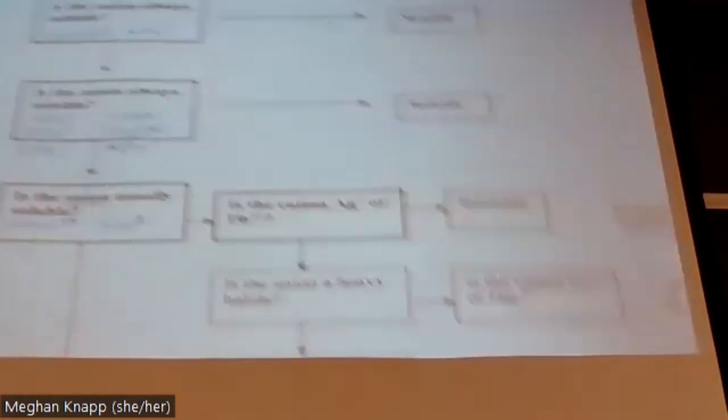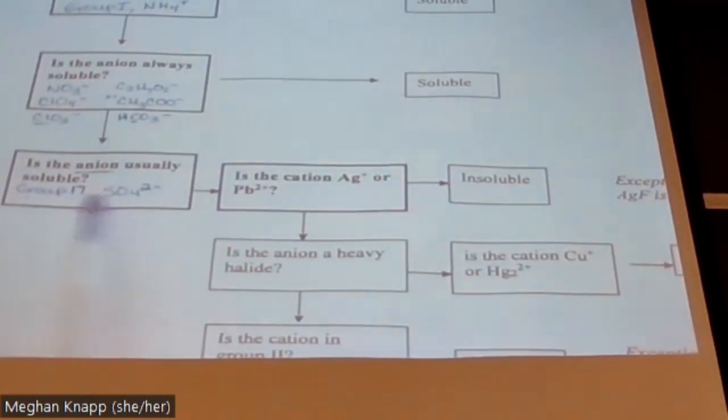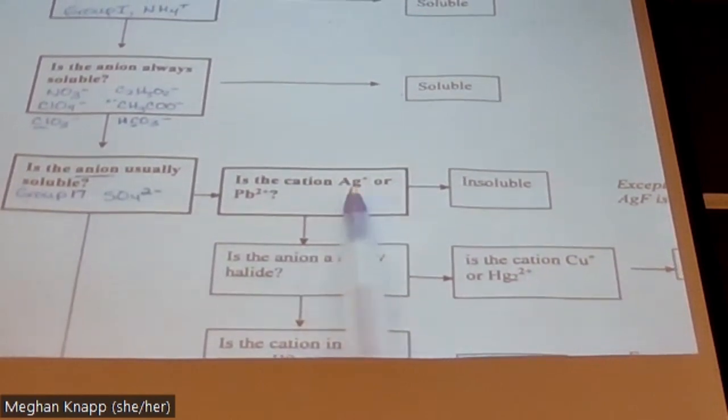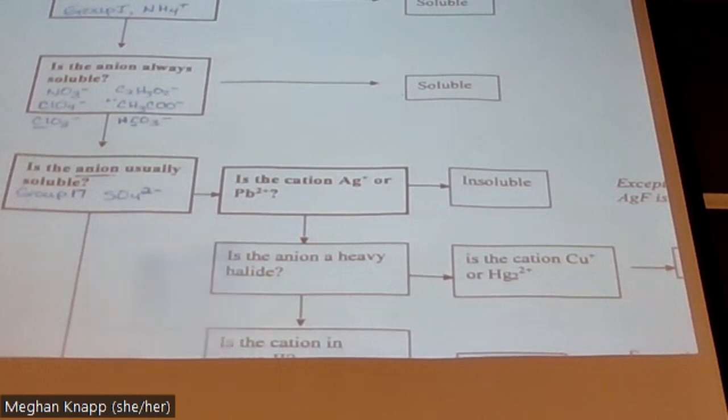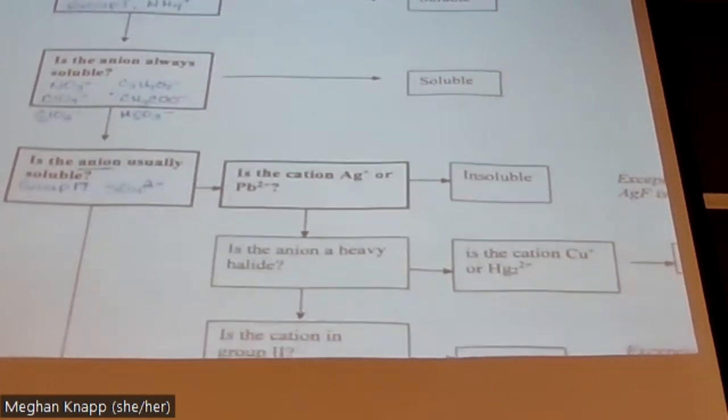This then goes through the exceptions. It's generally going to be soluble, but I have to check for the exceptions. Some of these exceptions are silver and lead. We saw those as exceptions for both sets of compounds. If I have silver and lead, unless they are combined with something that's absolutely always soluble, silver and lead are pretty insoluble.